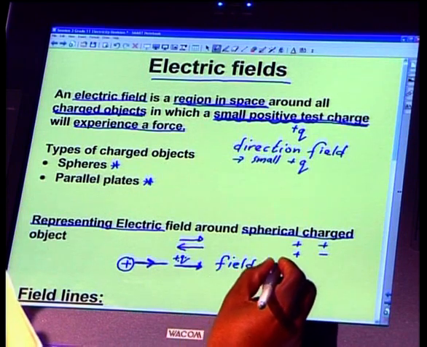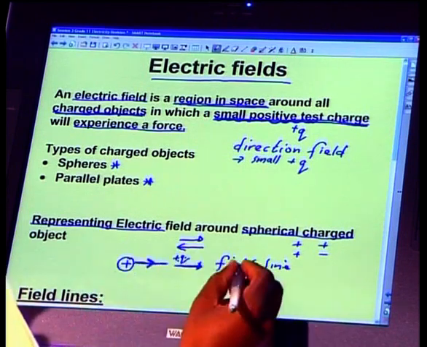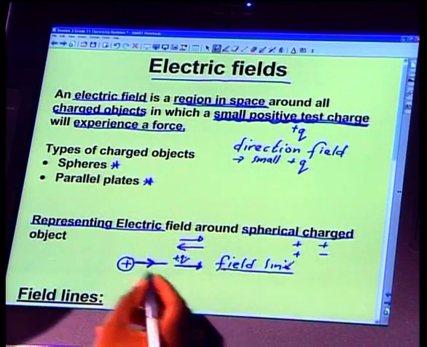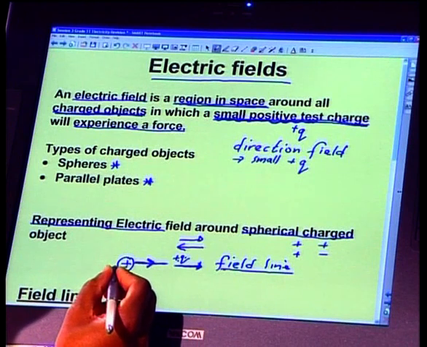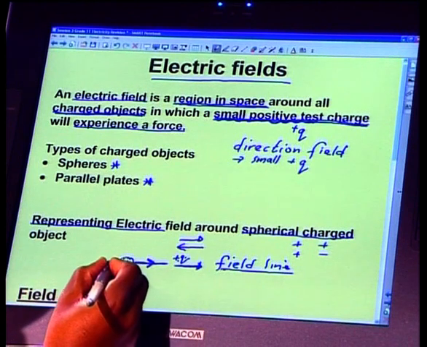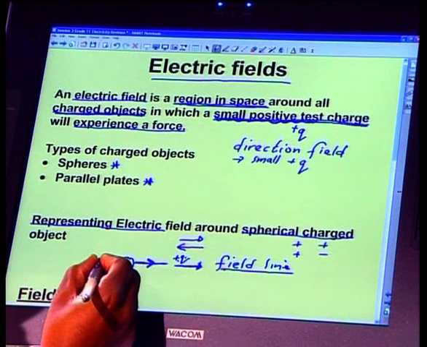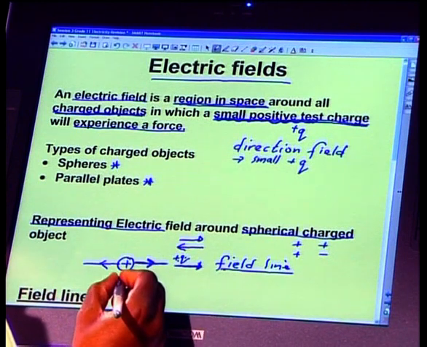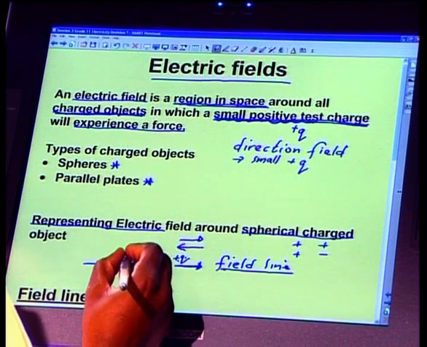Now, we make use of field lines to represent the electric field around a charged sphere. I'm going to talk more about the properties of electric field lines.